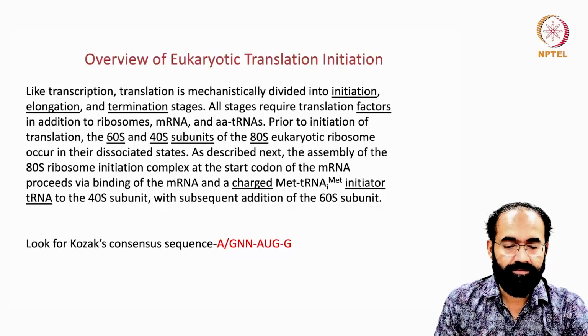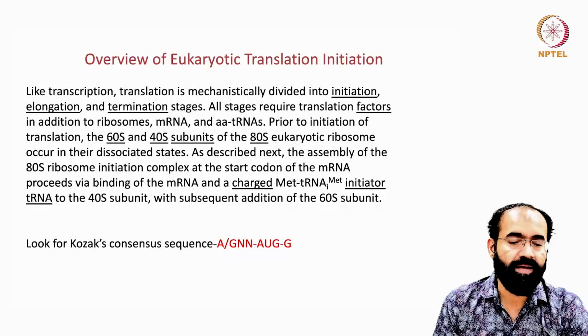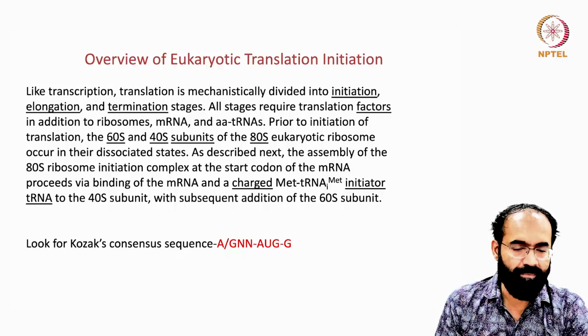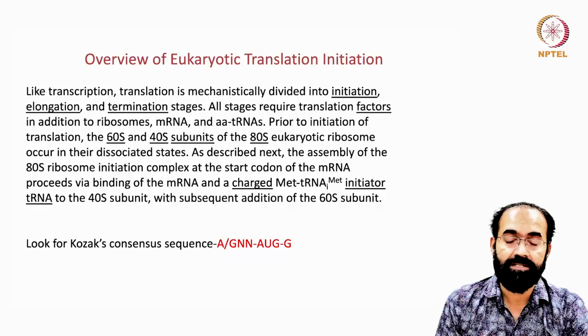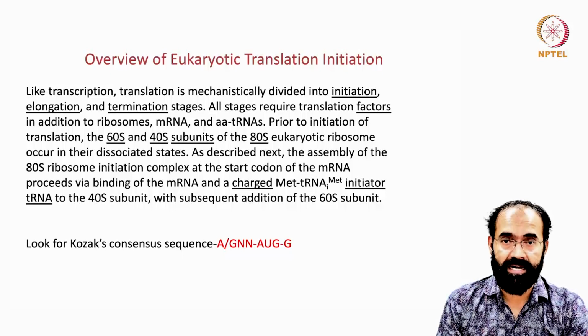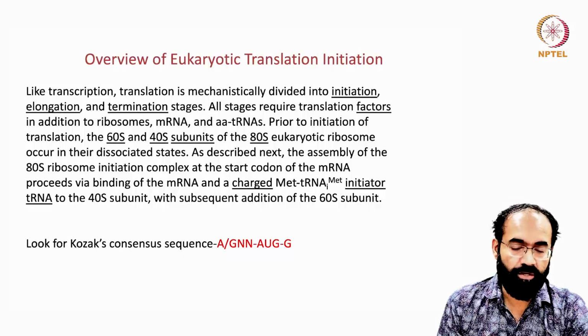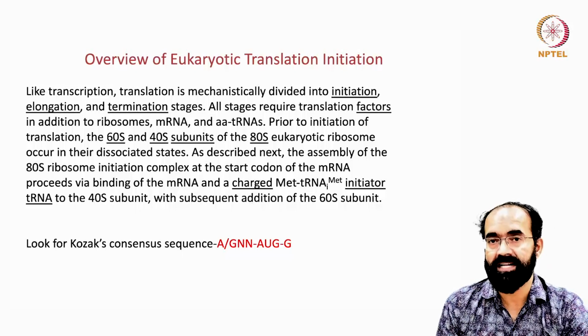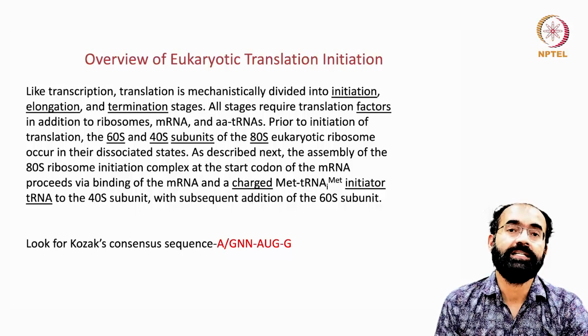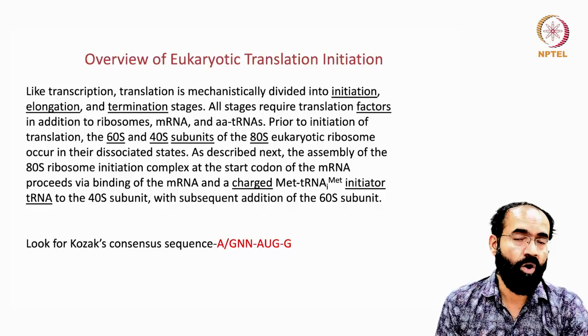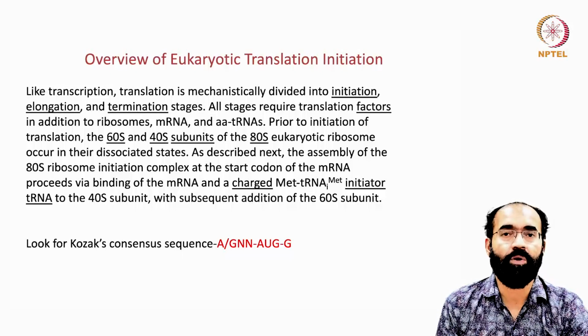As you can see, the assembly of the 80S ribosome initiation complex at the start codon of the mRNA proceeds via binding of the mRNA and a charged methionine tRNA. That means the amino acid methionine is added. That is why it is written as MET. MET is the three-letter name of an amino acid.